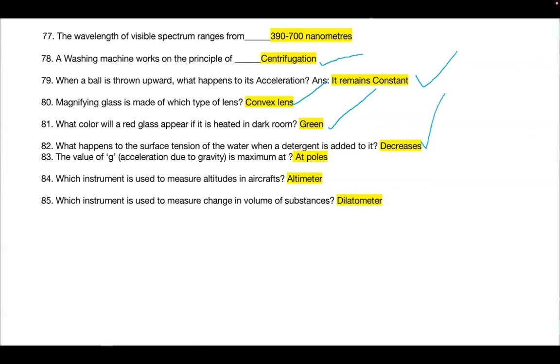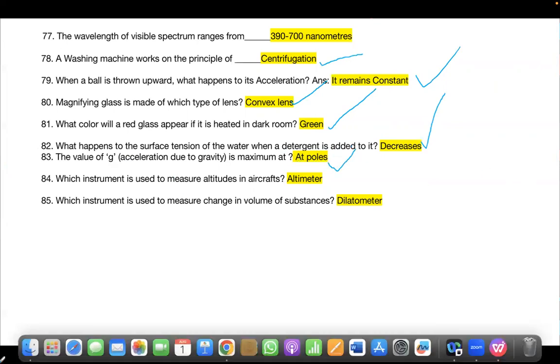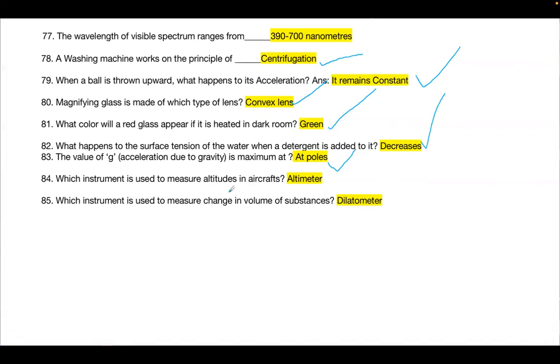It decreases. The value of g is maximum at poles, minimum at equator. And the instrument used to measure altitudes in aircraft is altimeter. And the instrument used to measure change in volume of substance is dilatometer.